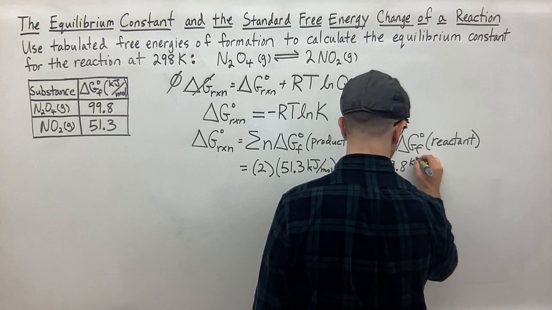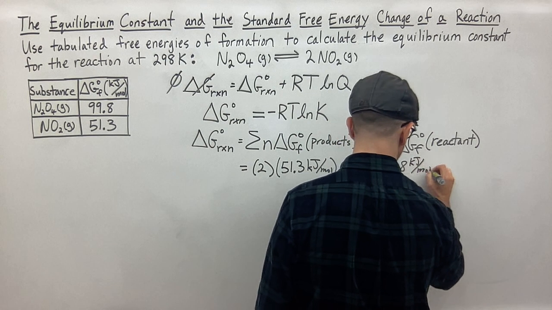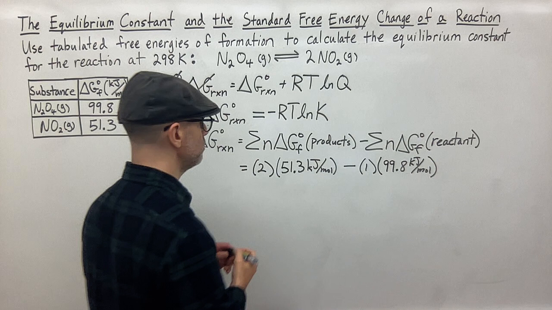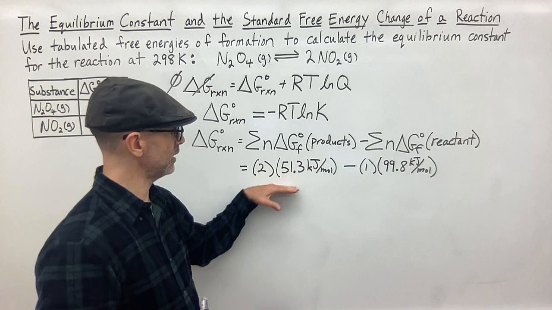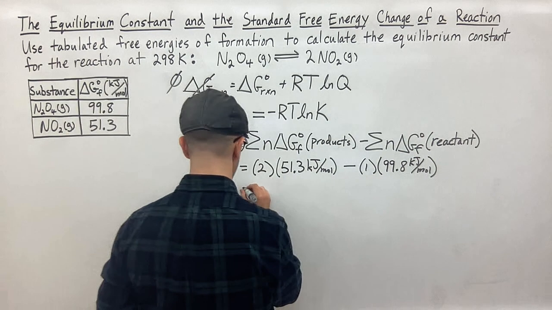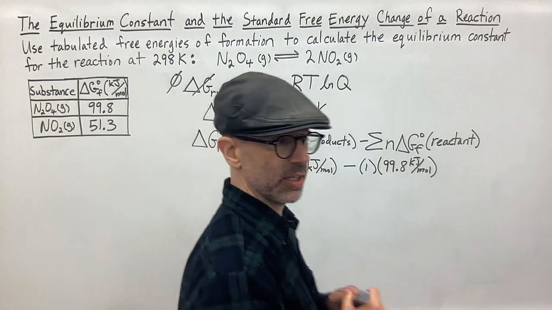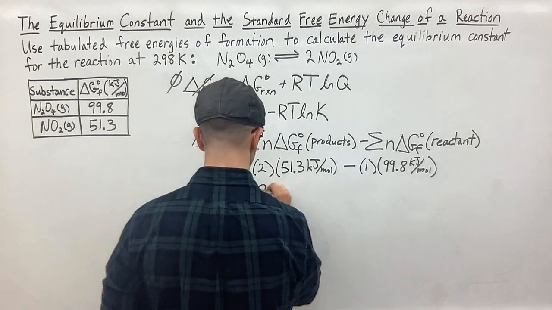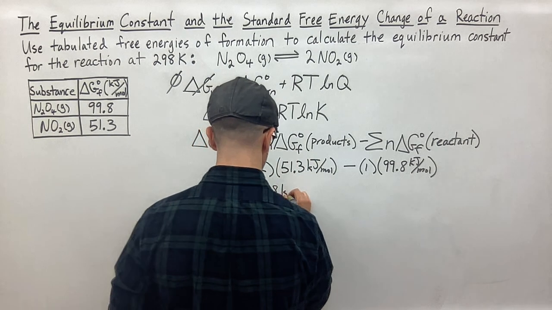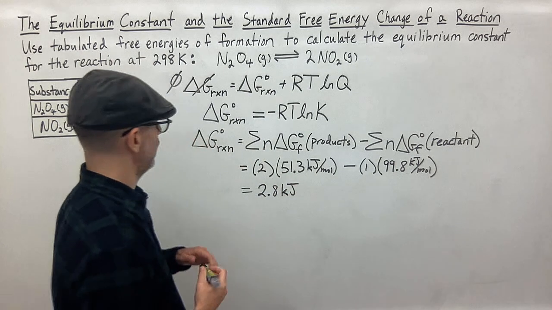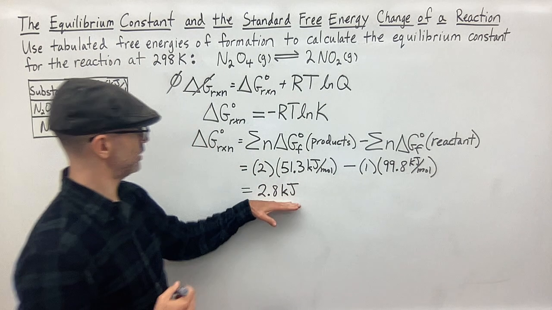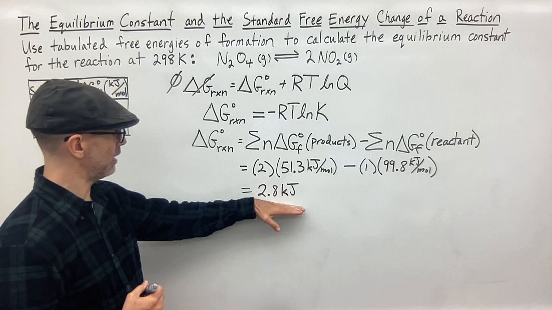All we have to do is multiply and subtract these, and we get 2.8 kilojoules of energy, and it's positive.